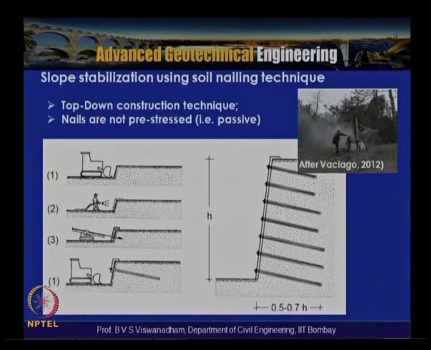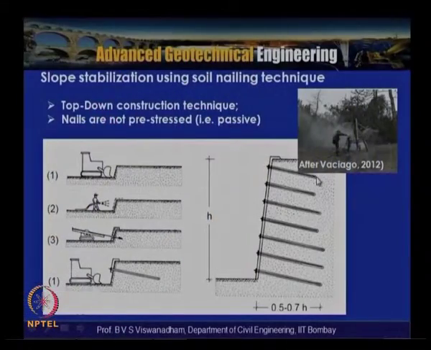The slope stabilization using soil nailing is basically a top-down construction technique, and as we have discussed, the nails are not pre-stressed; they are called passive elements, which are used for stabilizing slopes or excavation faces.